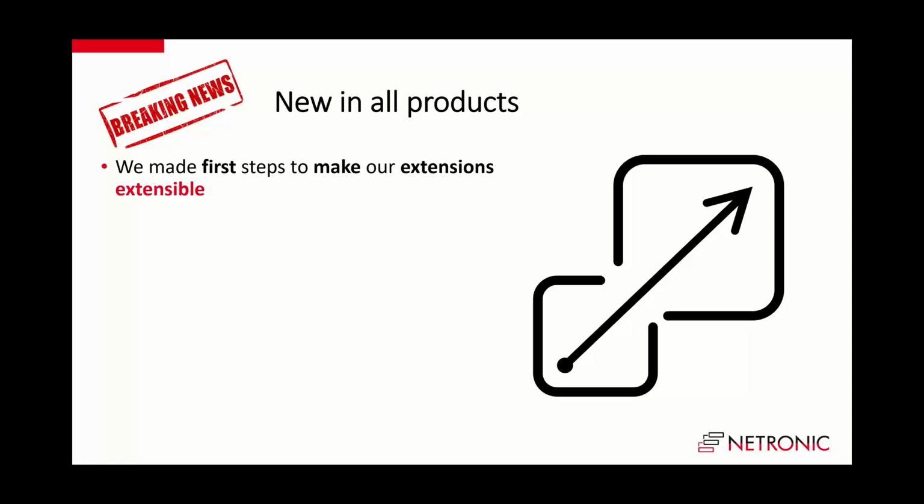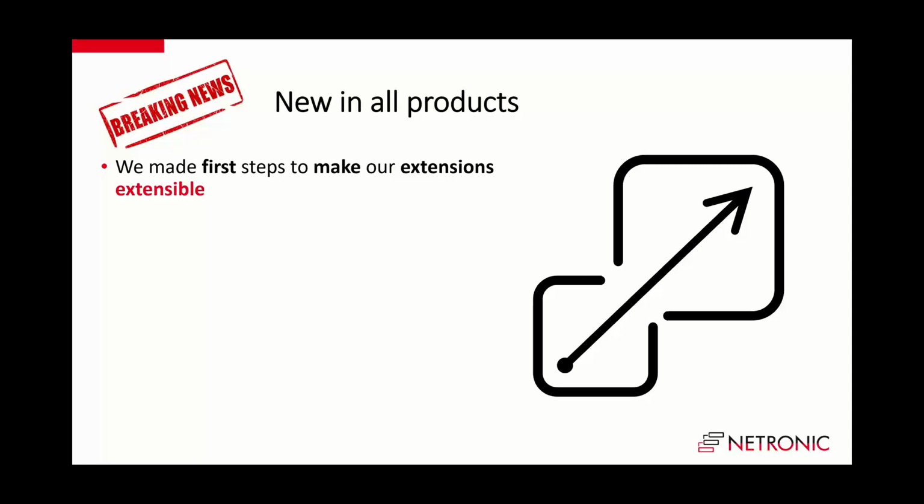We started to make first steps to make our extensions extensible. This means our extensions, the Visual Advanced Production Scheduler, the Visual Production Scheduler, and the Visual Job Scheduler, remain apps and remain ready-to-use visual scheduling products for your customers or for you that you can directly use.